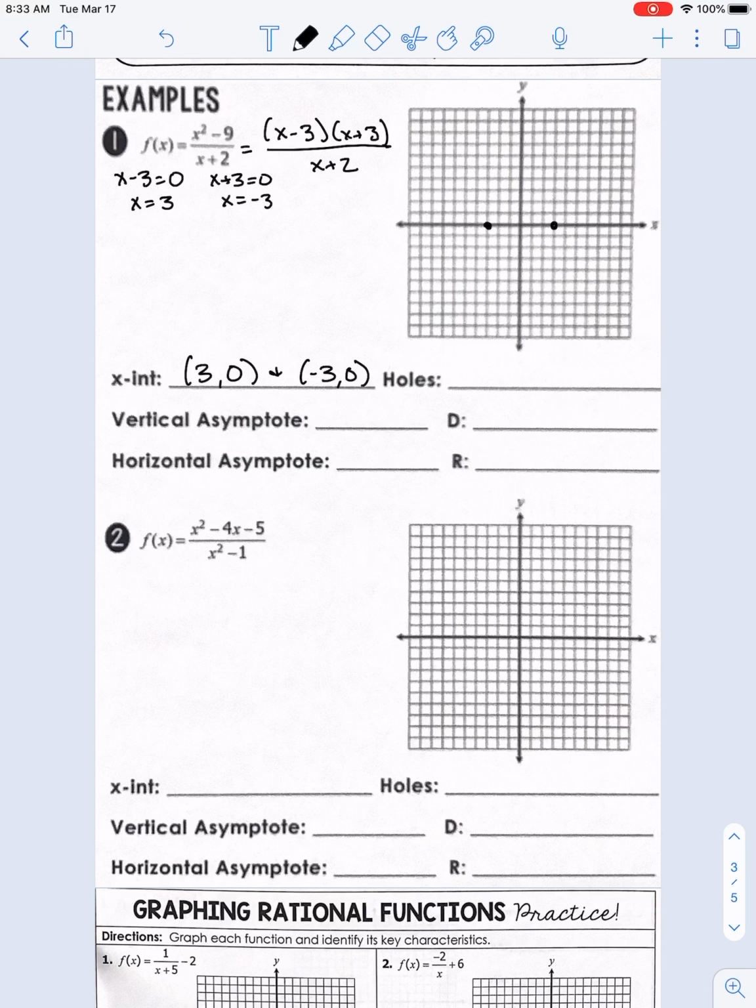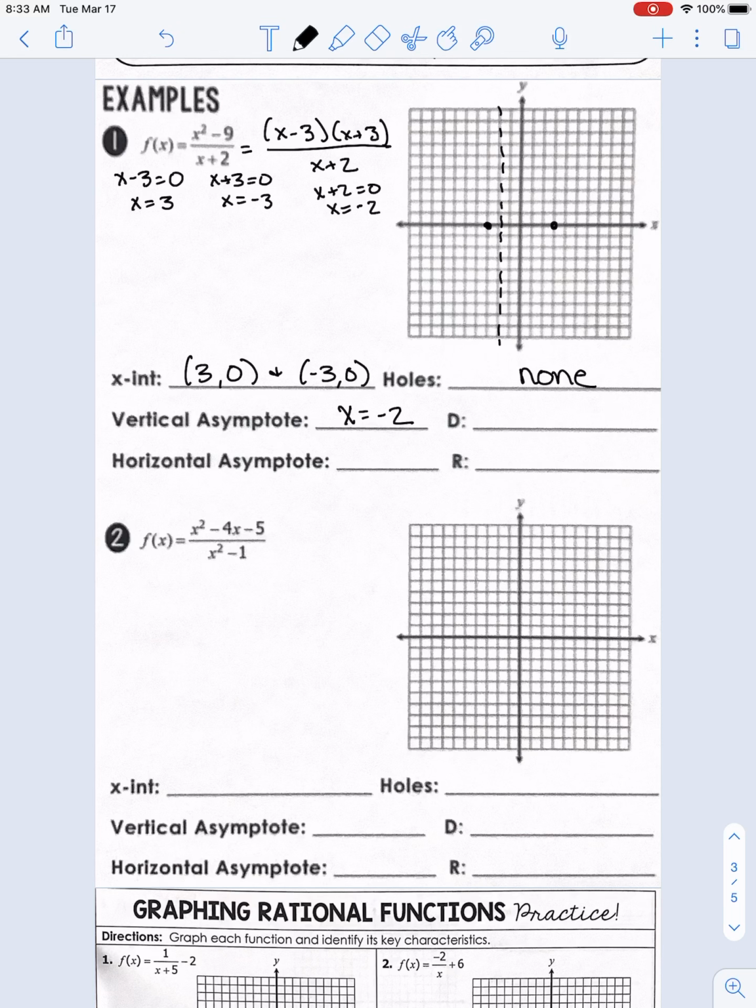Beautiful. Okay, my next step is vertical asymptotes by setting the denominator equal to 0. So if I set x plus 2 equal to 0, I get a vertical asymptote at x equals negative 2. 1, 2. And I'm going to go ahead and draw that line. Holes, we already determined there were none because there's no common factor.